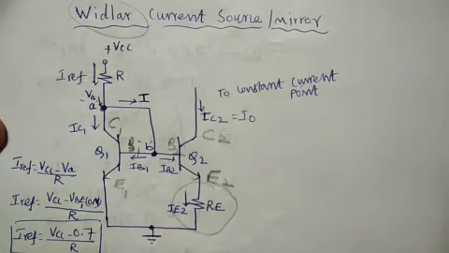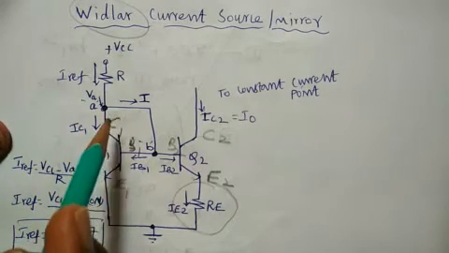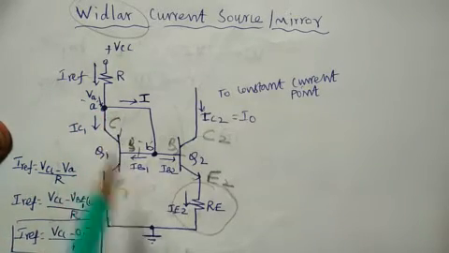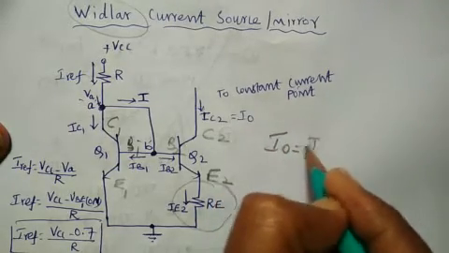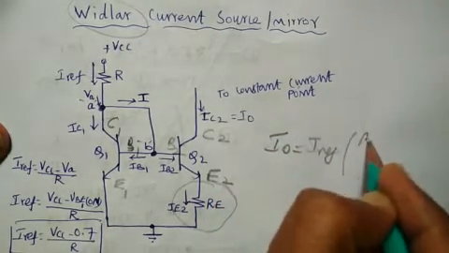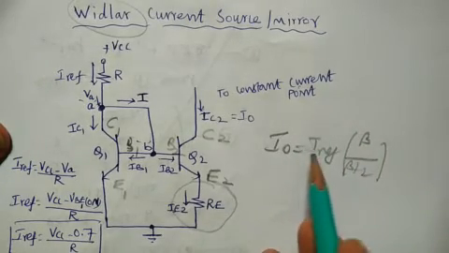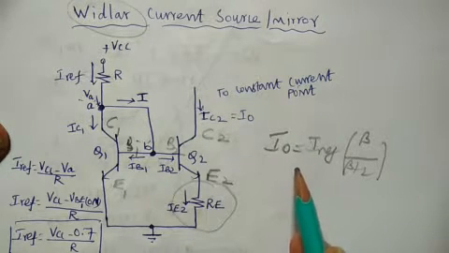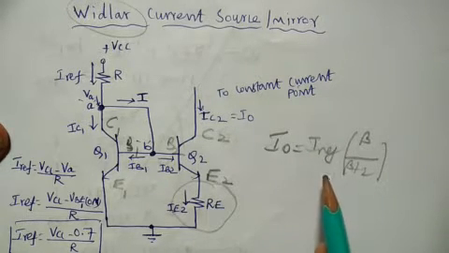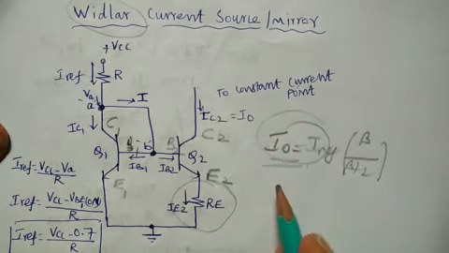And what this current source says is, in the final output we have I out equals I reference into beta divided by beta plus 2 in simple current source. So by choosing beta as a higher value, for example beta is 100 or more than 100, you'll be able to approximately equate this.